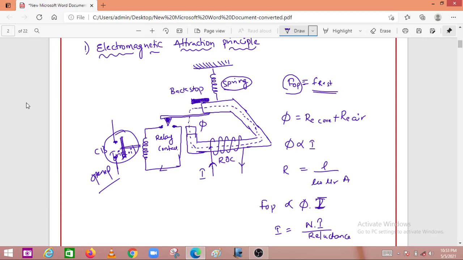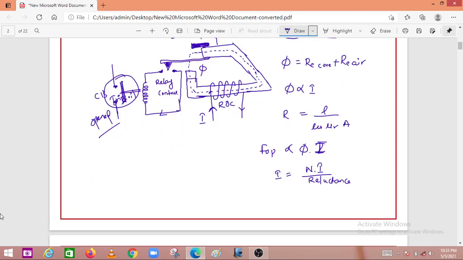Whenever the relay contacts have been closed, the trip coil will be energized and the plunger will be attracted towards the trip coil by opening the circuit breaker contacts. So this is the principle of operation of the electromagnetic attraction type.